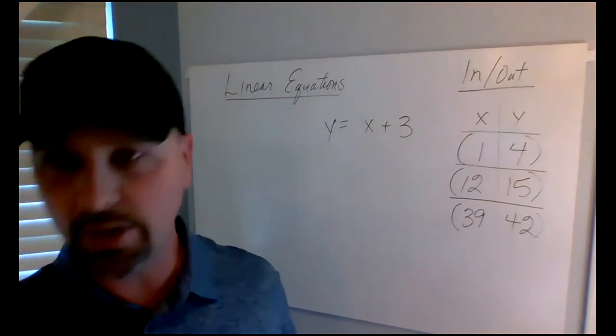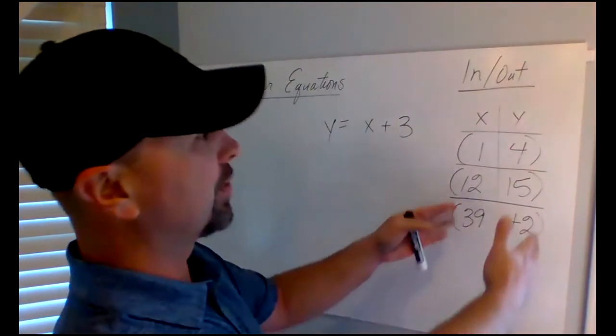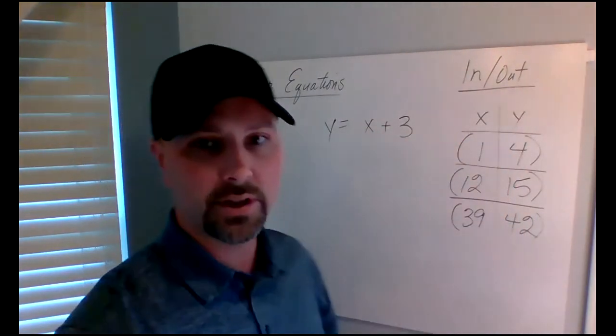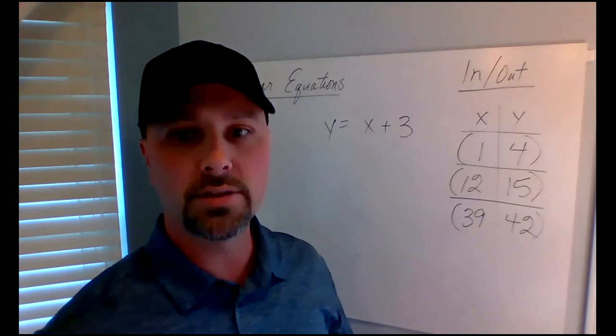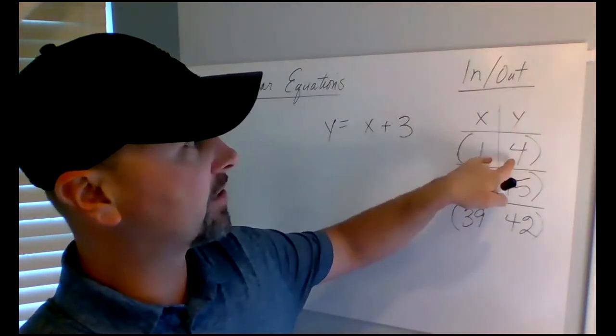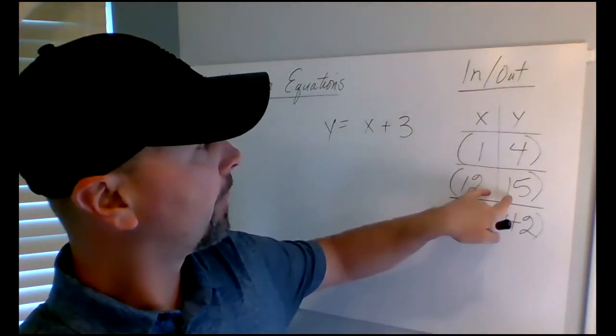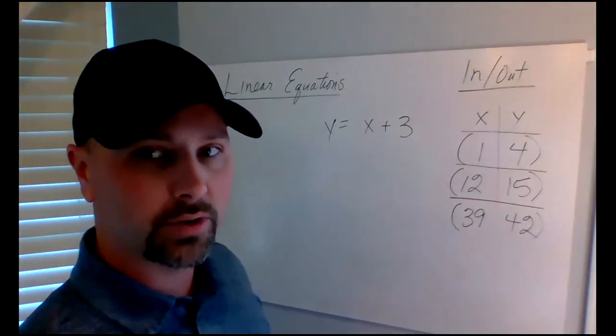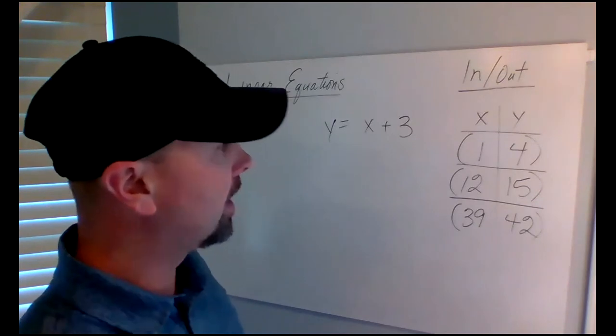So pick it back up where I was, which was each x and y, after it ran through the equation, creates coordinates. An x and a y: 1, 4; 12, 15; 39, 42. These are each coordinates.